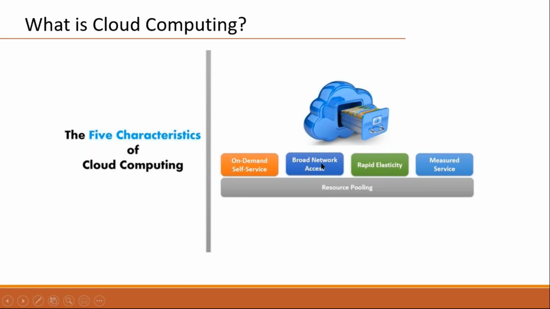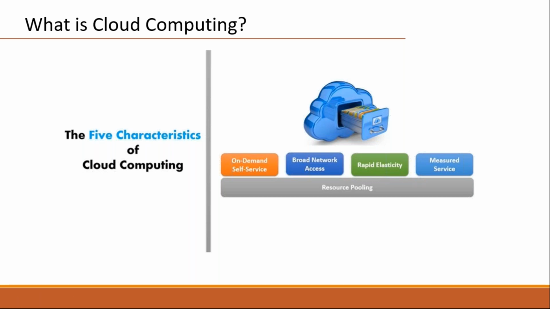Broad network access: from anywhere, we can access the resources from any network. Rapid elasticity: elastic means it can increase or decrease.